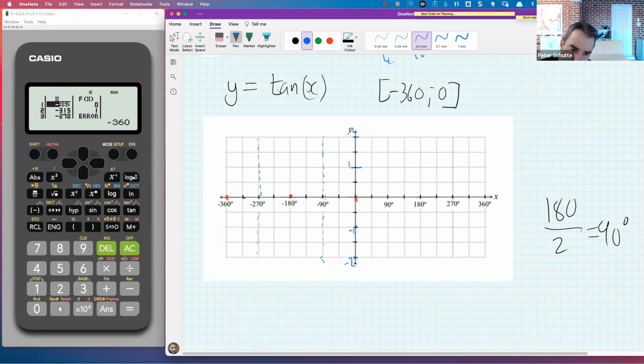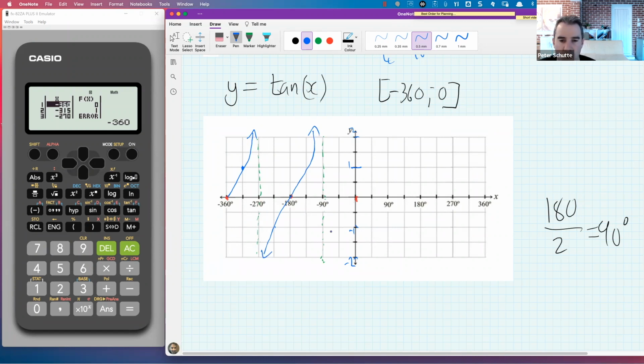So minus 315 should be here, going up in 270. Yes, so that's going to be halfway between here. So you can imagine that the tan graph is positive, so it looks like that. And then on this side, it's going to look like this.